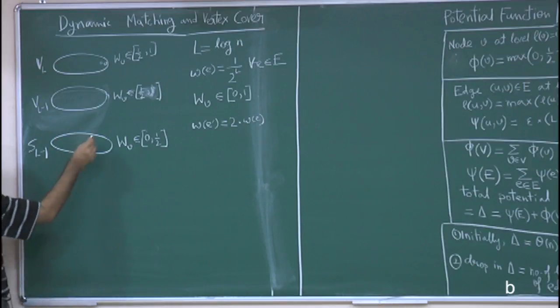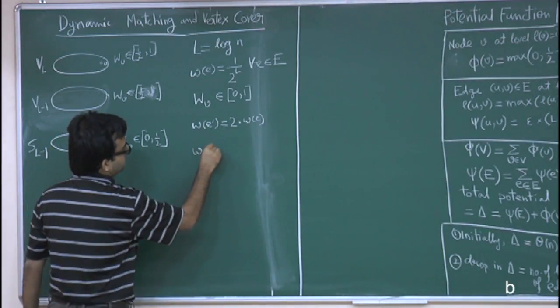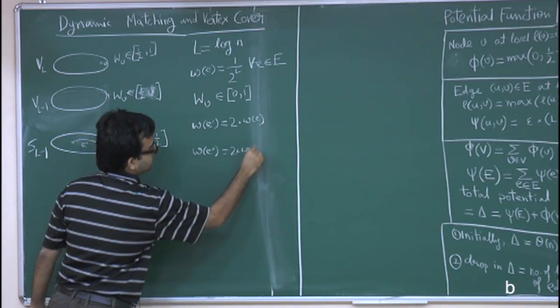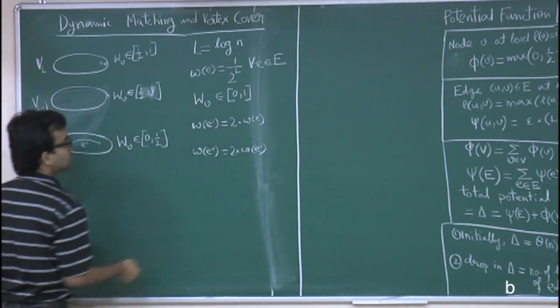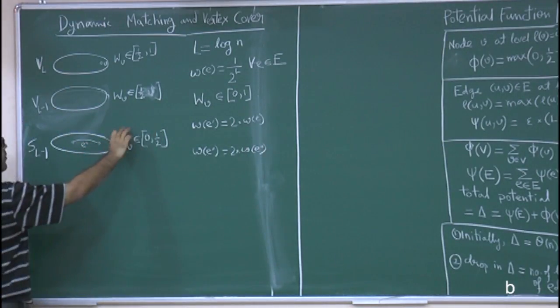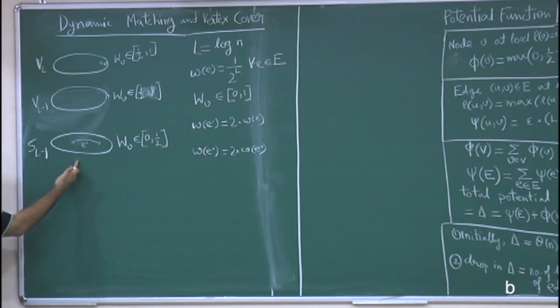Then we will just repeat this. Again just look at the edges E prime with both endpoints in SL minus 1 and double the weights of those edges. So, again the weights of the nodes will become between 0 and 1. You again partition it into two groups and continue like this, and this will go on till log n levels.